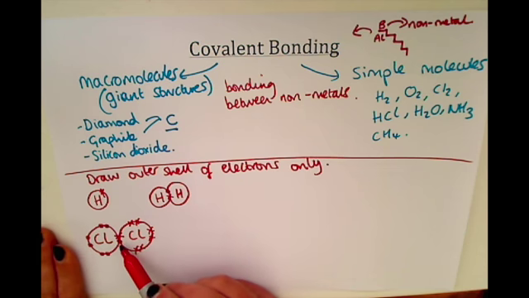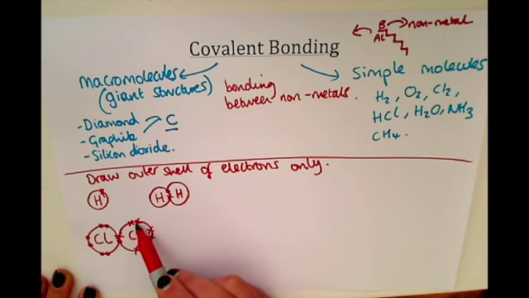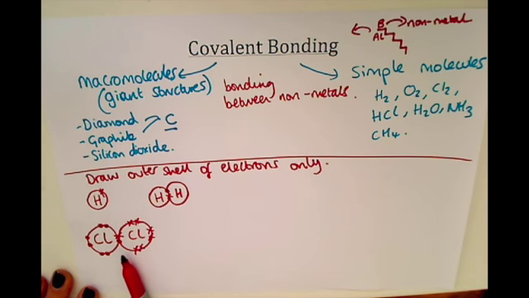But because they are sharing that pair of electrons together, they have 8. So this chlorine, 1, 2, 3, 4, 5, 6, 7, 8. And if you were to look at this chlorine, 1, 2, 3, 4, 5, 6, 7, 8. In each case they want a full outer shell, but they gain their full outer shell by sharing electrons as opposed to giving or taking electrons.